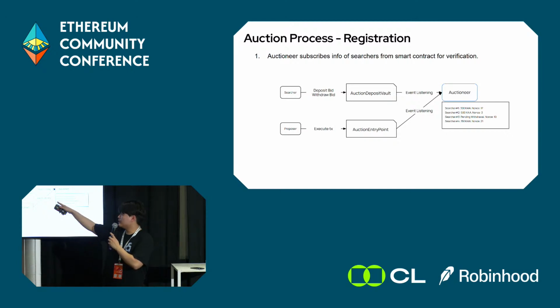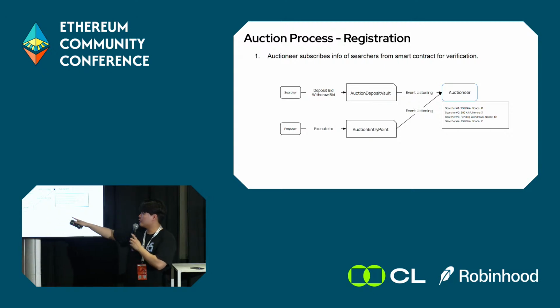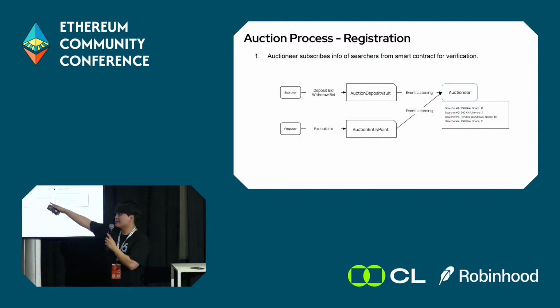So there will be a predefined event in each smart contract, and whenever a searcher interacts with the smart contract, the auctioneer will listen to all the activity on the network which occurred by the searcher.